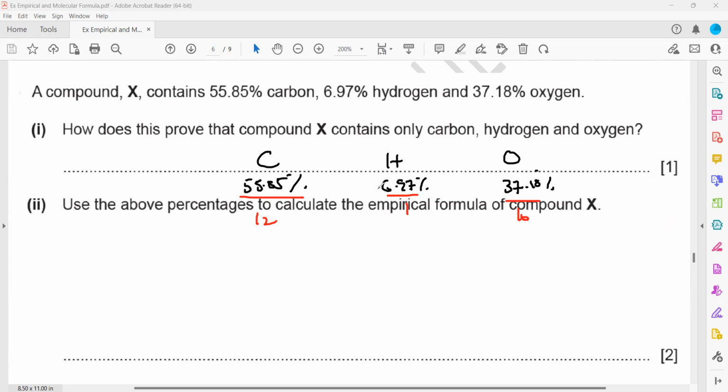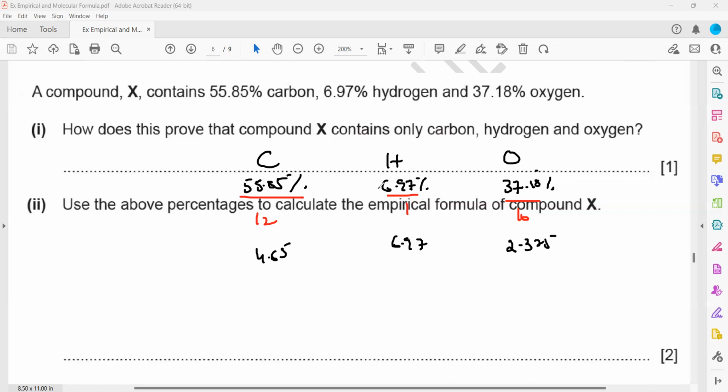Step 2, after dividing, that is step 1: 55.85 divided by 12, so this will be 4.65. This will be 6.97, it remains the same, and it will be 2.325.